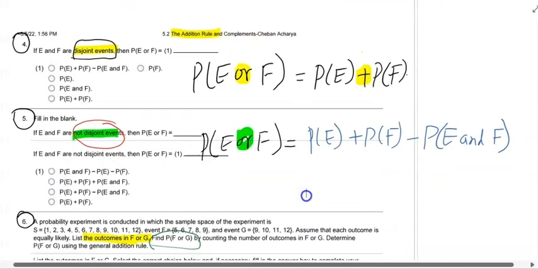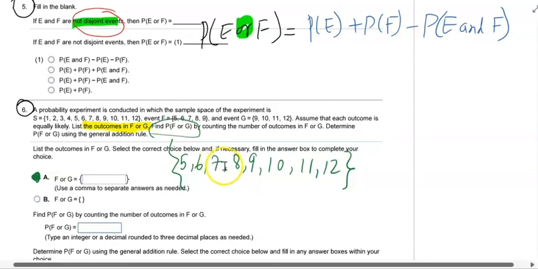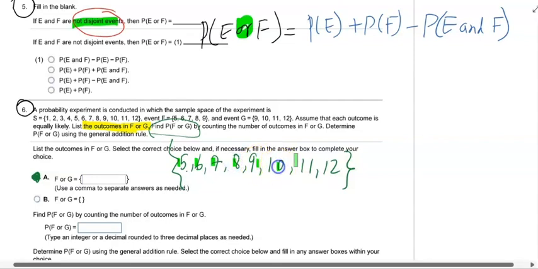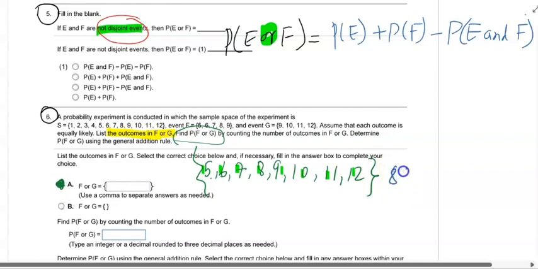Therefore F or G is all outcomes together: 5, 6, 7, 8, 9, 10, 11, 12. All these elements are in F or G. How many are there? Let's count: 1, 2, 3, 4, 5, 6, 7, 8. 8 outcomes, right?